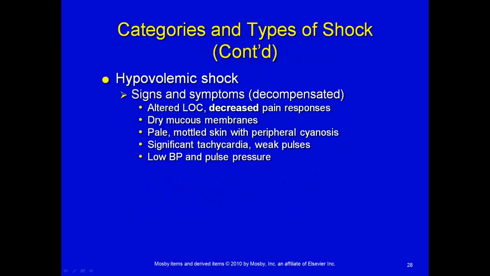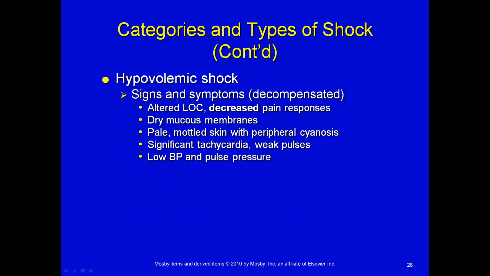During decompensated hypovolemic shock, the compensatory mechanisms fail. And when the compensatory mechanisms fail, you no longer can adequately perfuse your vital organs. And the first organ to show dysfunction is the brain. So you're going to end up with altered level of consciousness and decrease in pain responses.